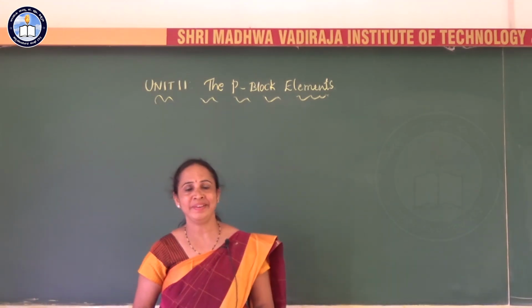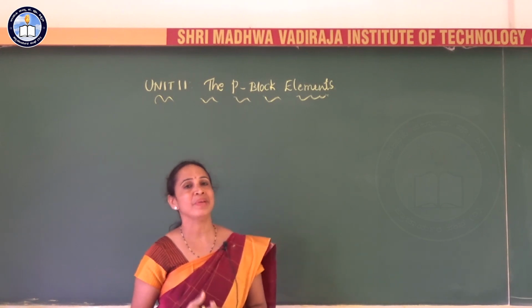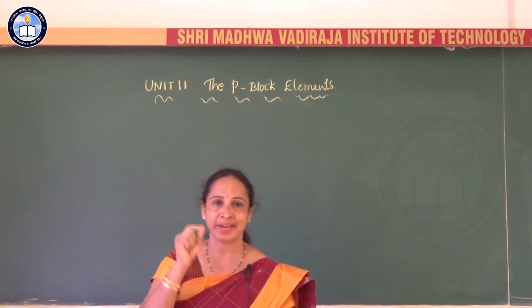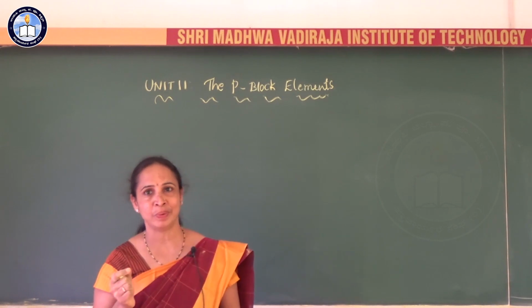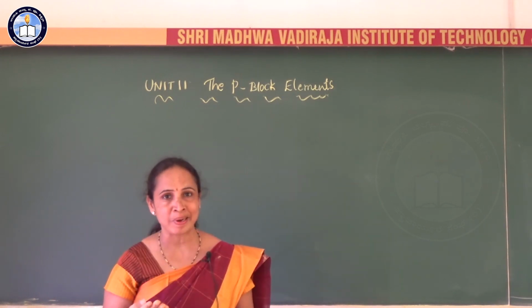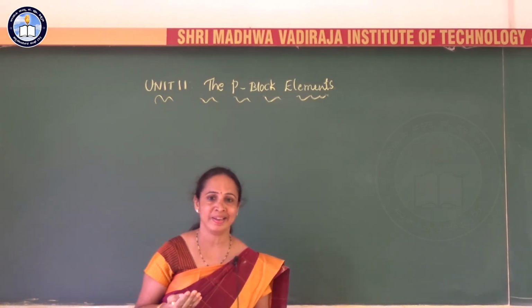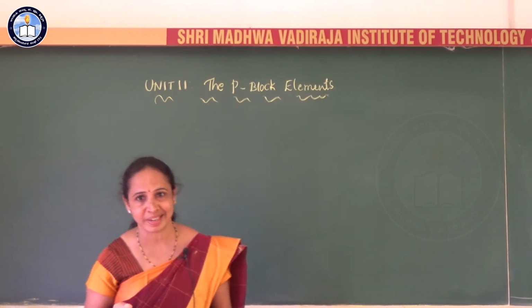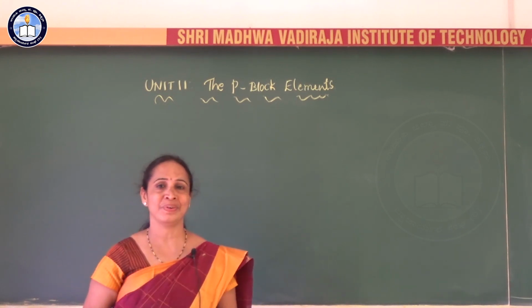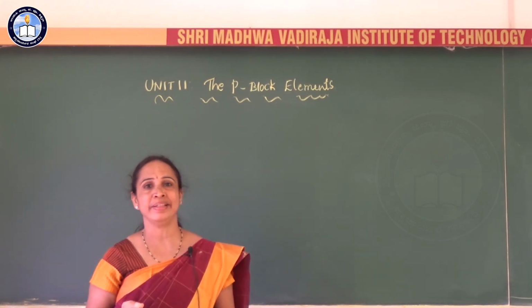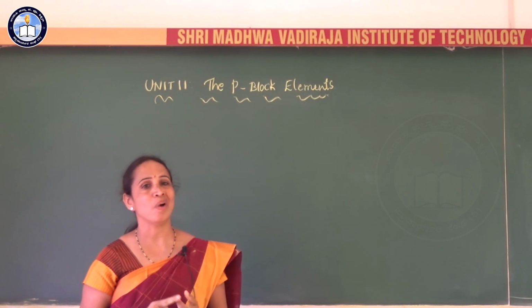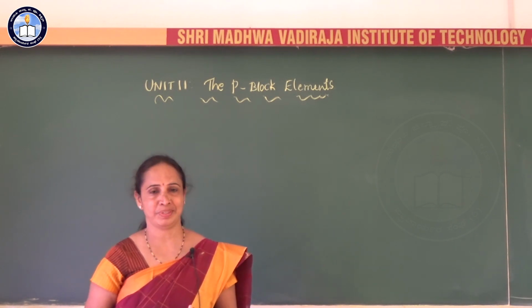So okay dear students, in today's class we have studied which members belong to group 14, their general properties, occurrence, physical properties, oxidation states, and their reactivity with oxygen, water and halogens.